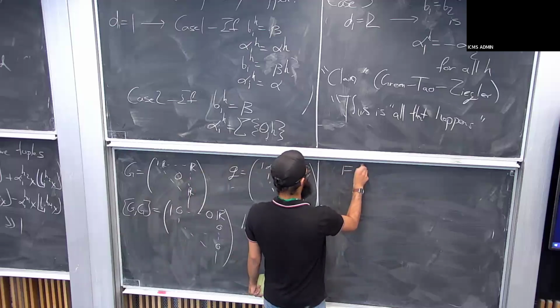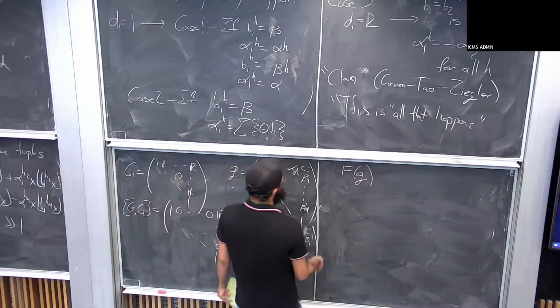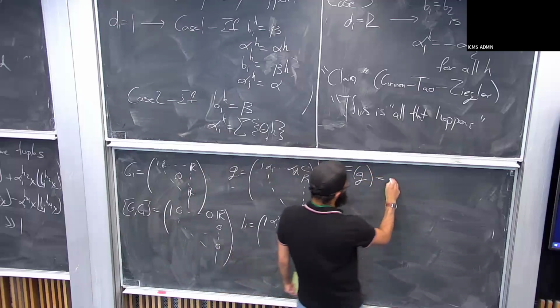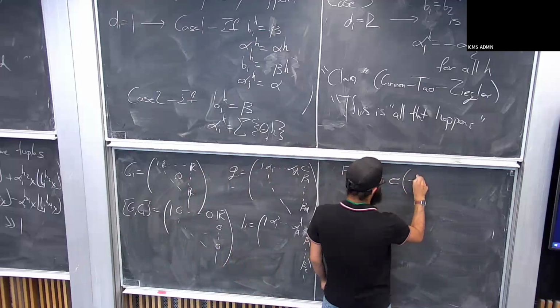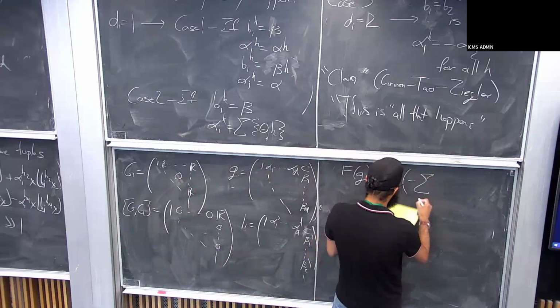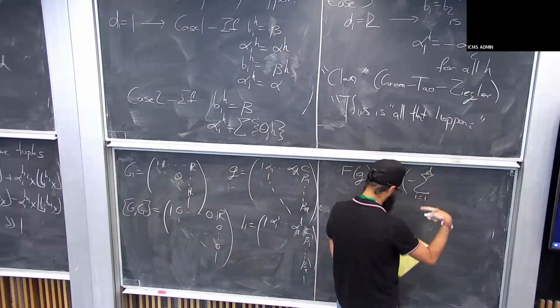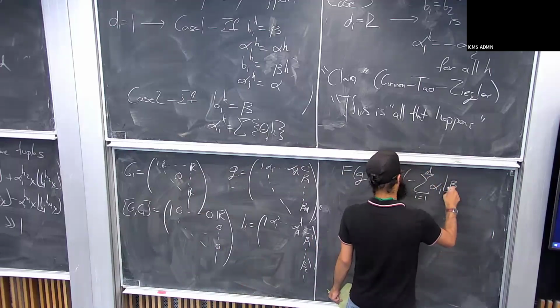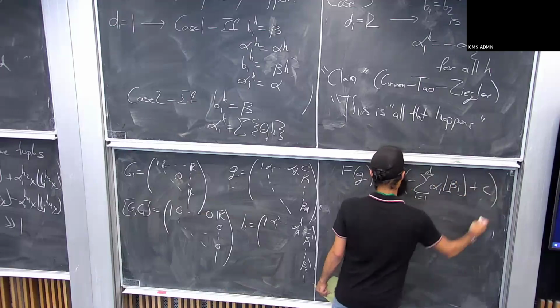There's a function, a priori only defined from G to C, where I take the exponential of minus the sum from i equals 1 to d of alpha_i floor beta_i.